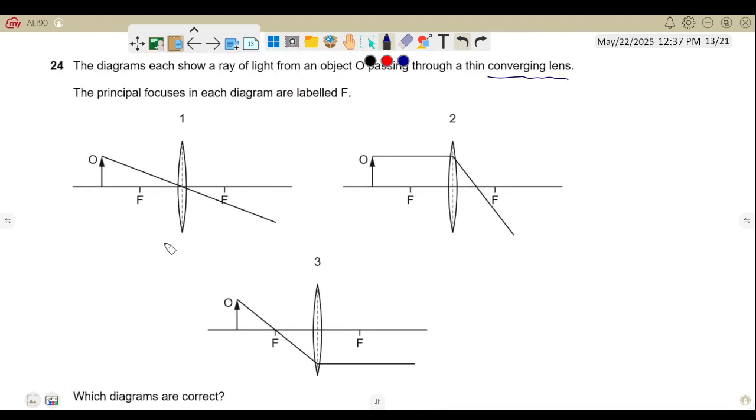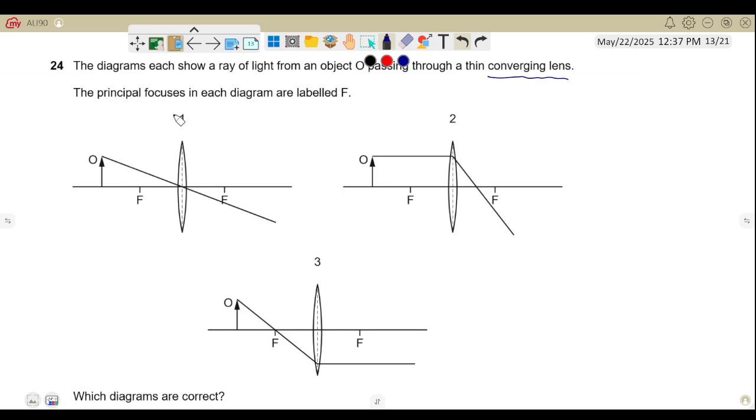Applying the rules of forming an image made by a converging lens, we all know that a ray passing through the center of the lens will not refract. It's going to be the same as its incidence before.